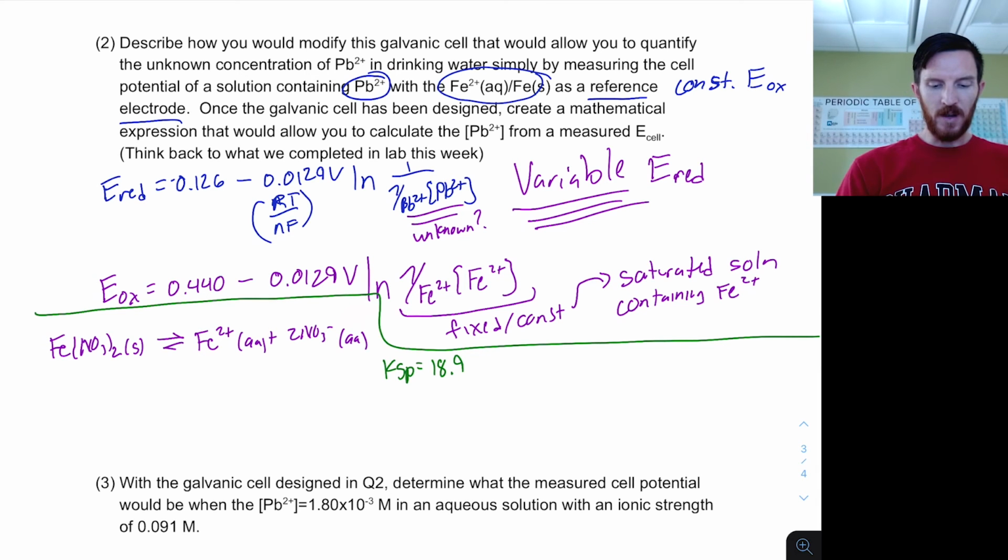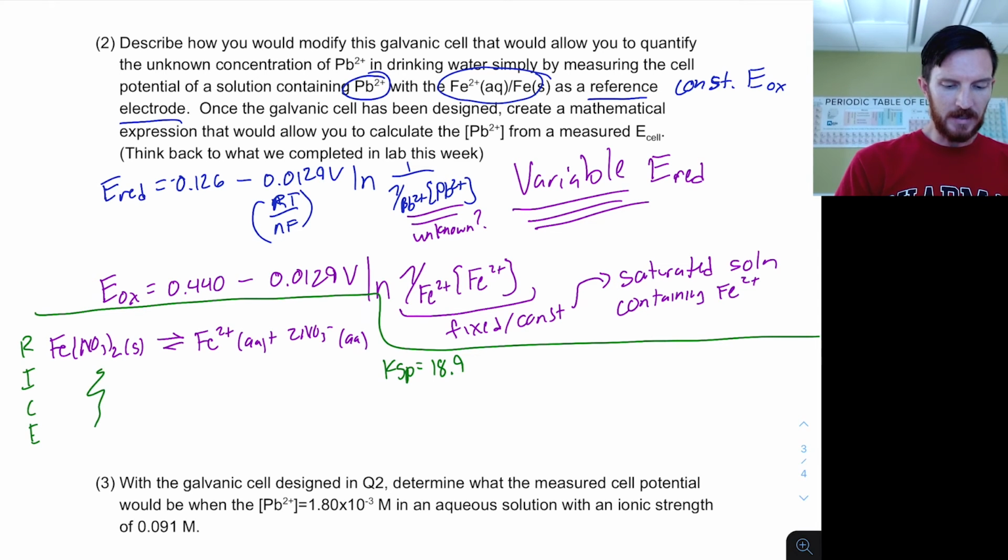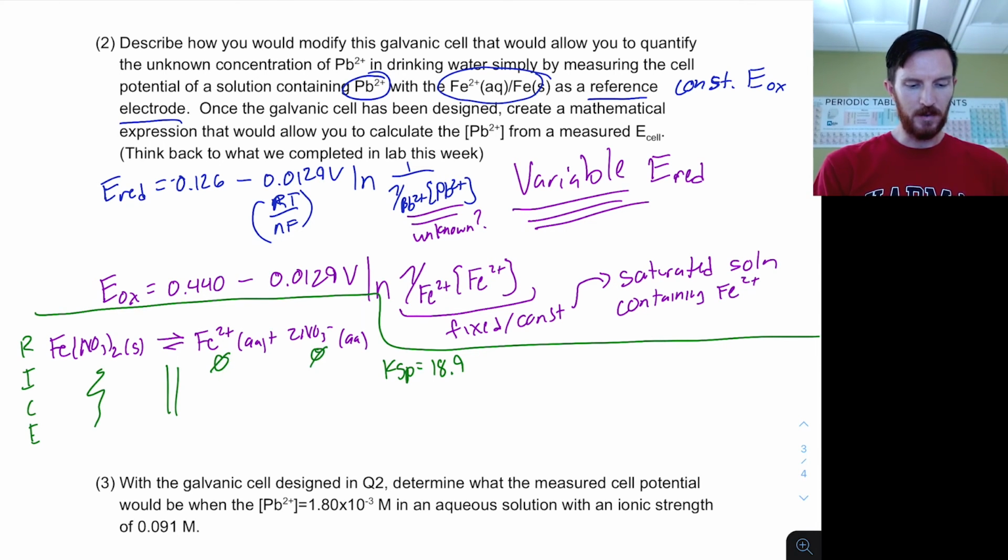If it's at equilibrium, I'm going to have as much dissolved as possible. I'm going to have a saturated solution. We go ahead and set up a RICE table, and we ignore our solid. We're not going to directly add in some of these other ions, so we're going to make some amount of them.